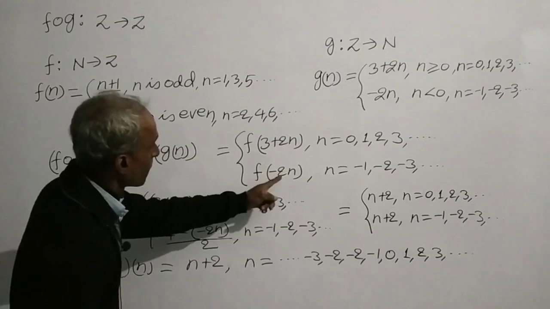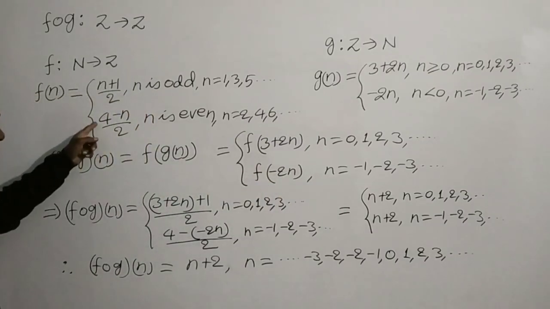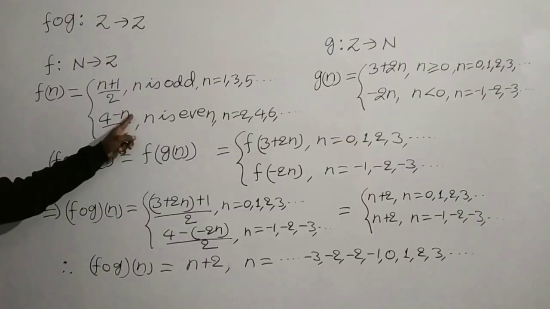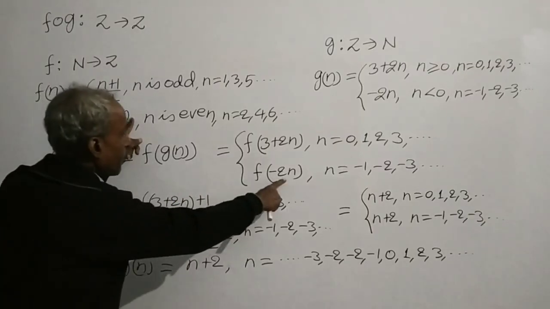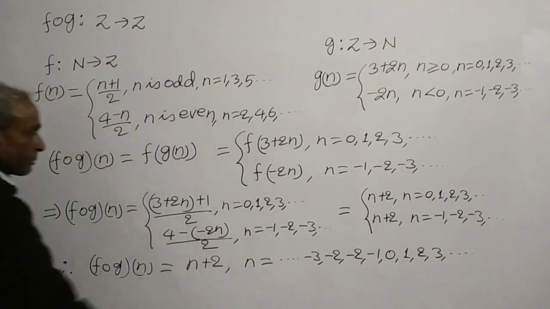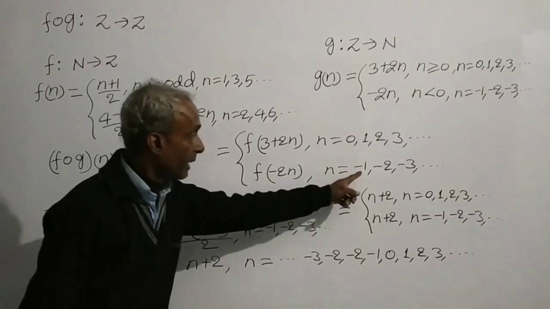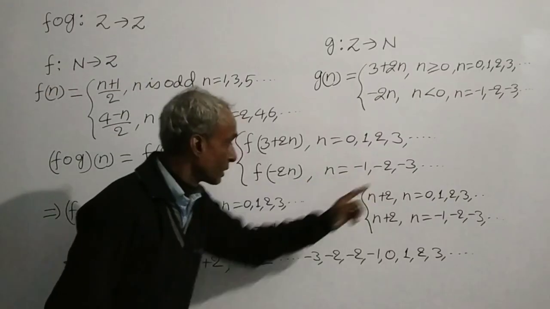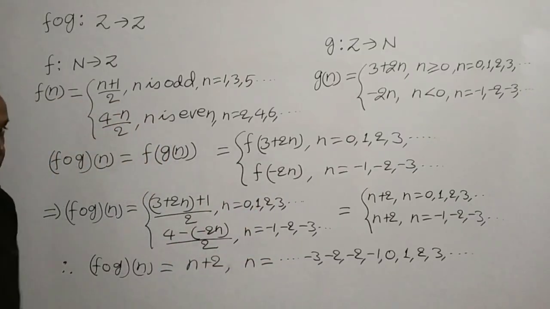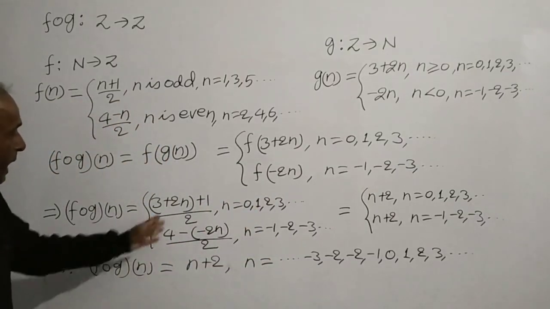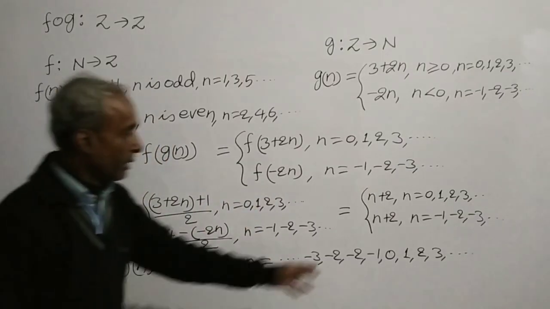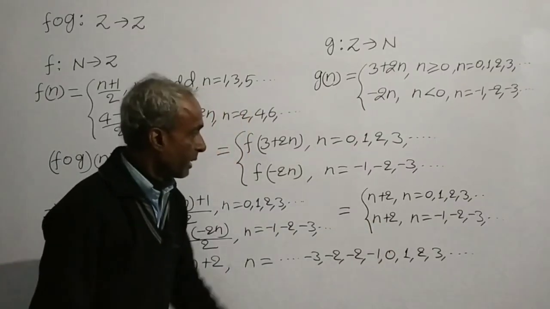Therefore, the value of f(minus 2n) will be written according to this rule. In place of n, we will write minus 2n, when n is equal to minus 1, minus 2, minus 3, etc.